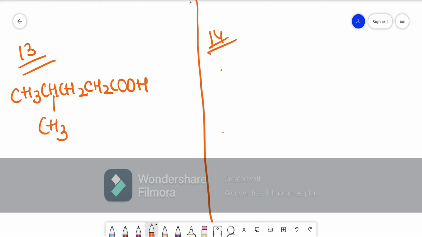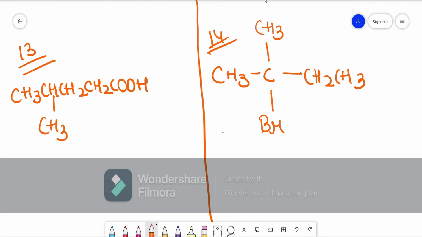Now the 14th question is CH3, C, CH2, CH, oh, I'm sorry for this, guys. This is CH2, CH3, here it is CH3 and Br, that is the bromine group. Yeah, okay. So now let's start with the naming.